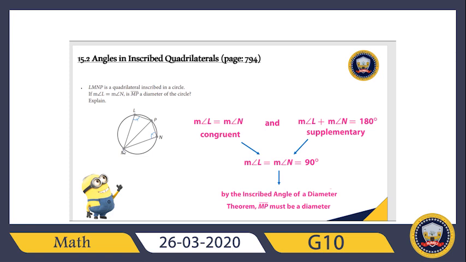How can I prove that this is a kite? Look, the definition of the kite says that two consecutive sides like this, LP and PN, will be congruent, and another pair from the other side, which is LM and MN, are congruent. How can I prove that LM and MN are congruent? I will look at these two triangles here.